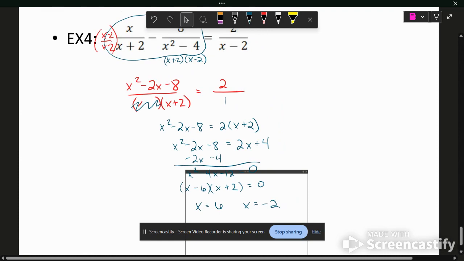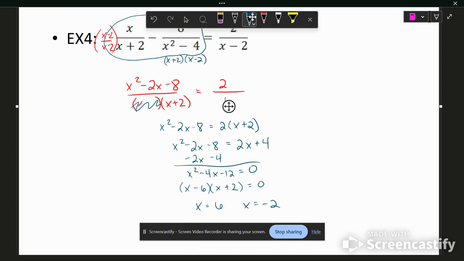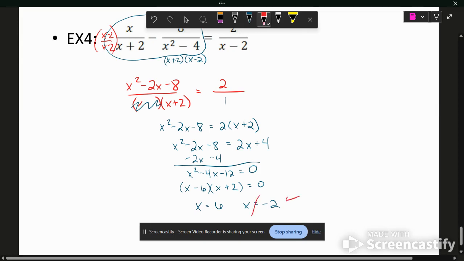If you're taking a look at this, you see that I have two answers down here in the box. x plus 2 was also in my denominator, which means that if I plug in negative 2 into my denominator anywhere within this problem, I'm going to get 0 within that denominator. So negative 2 is actually not a solution. This is what you would call the extraneous solution.